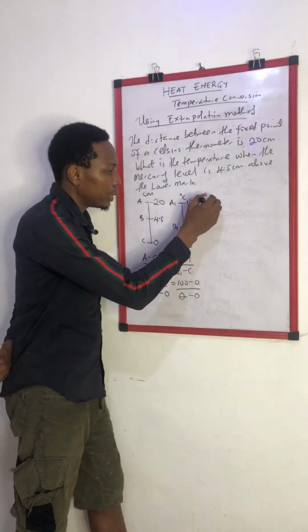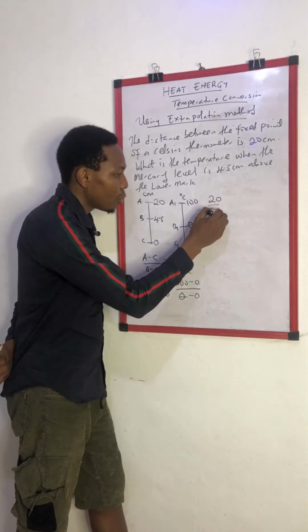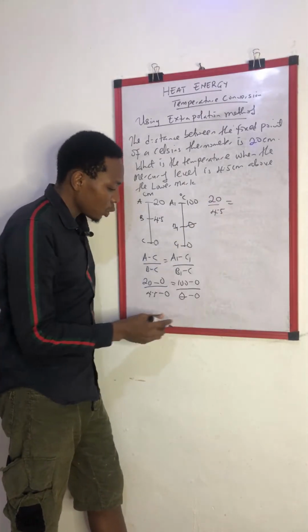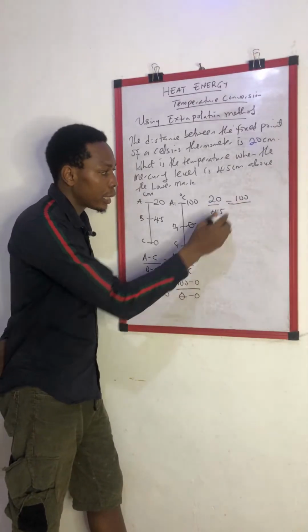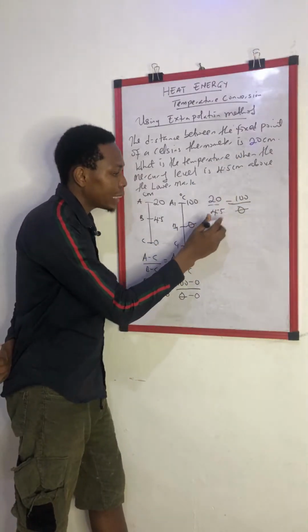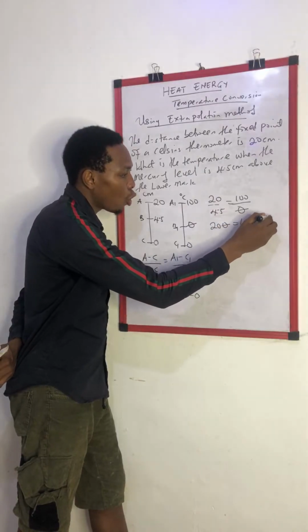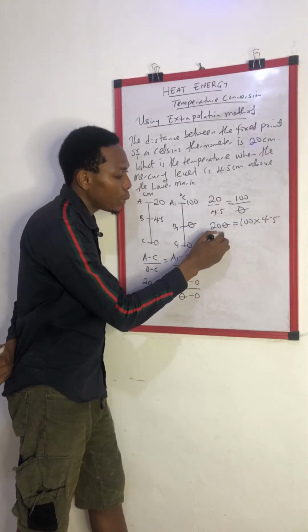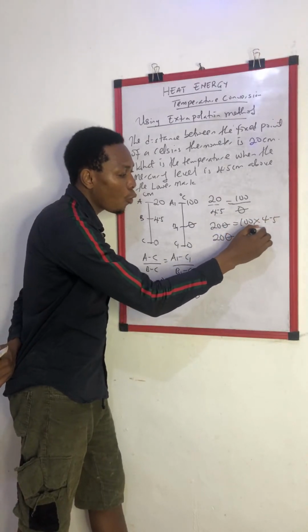20 minus 0 is 20. 4.5 minus 0, we still have 4.5. Then equals to 100 minus 0, 100. And theta minus 0 is theta. What do we do? Cross multiply. 20 times theta, we have 20 theta, equals to 100 times 4.5, which is 450.